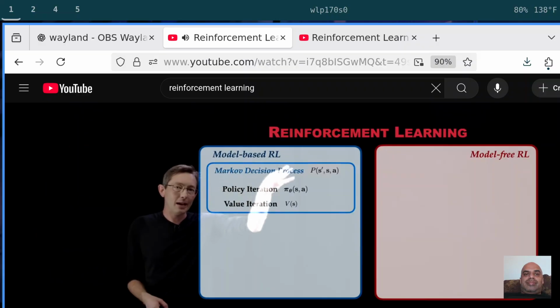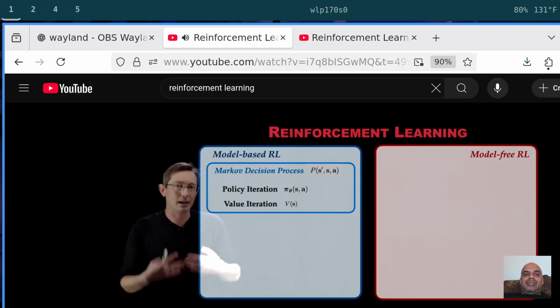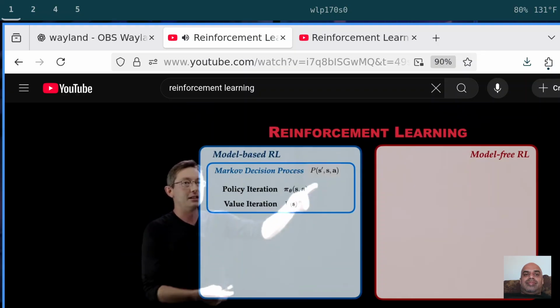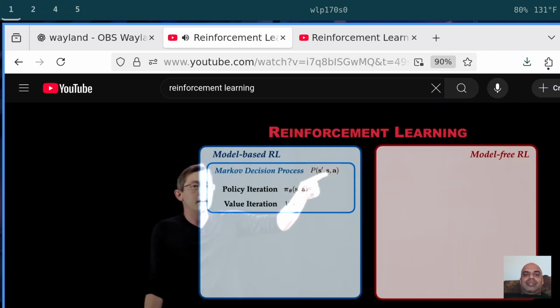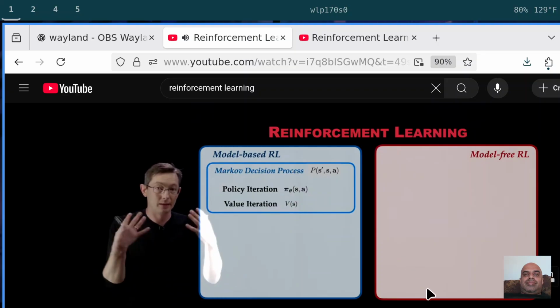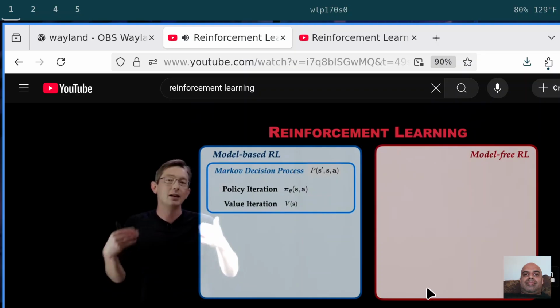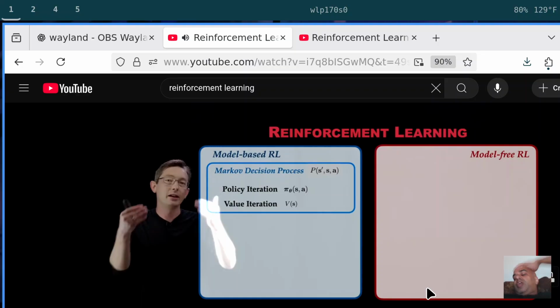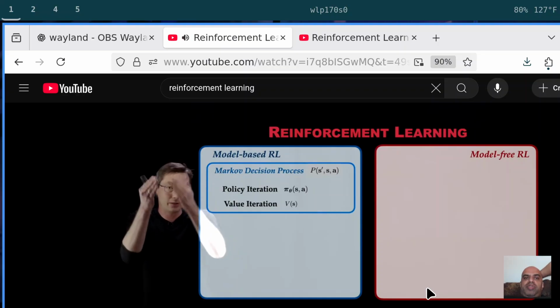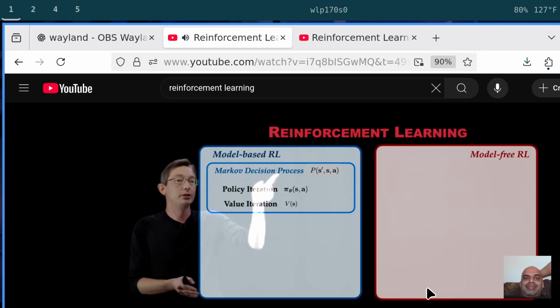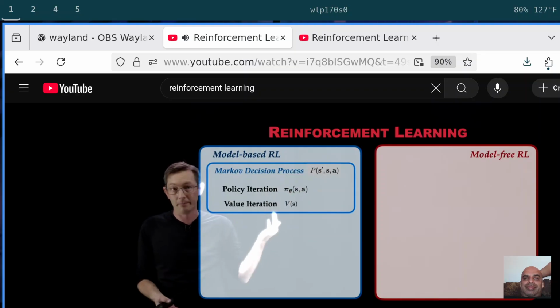So for example, if my environment is a Markov decision process, which means that there is a specified probability of moving from state S to the next state S prime, given action A, and this probability function is known, so it doesn't depend on the history of your actions and states, it only depends on the current state, and the current action determines a probability of going to a next state S prime.